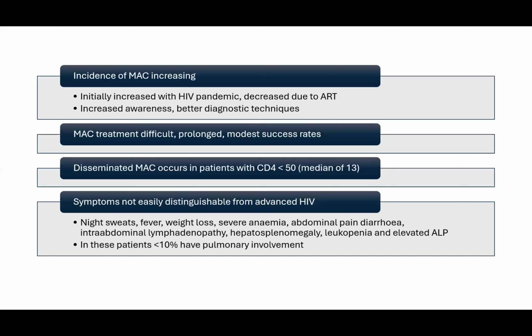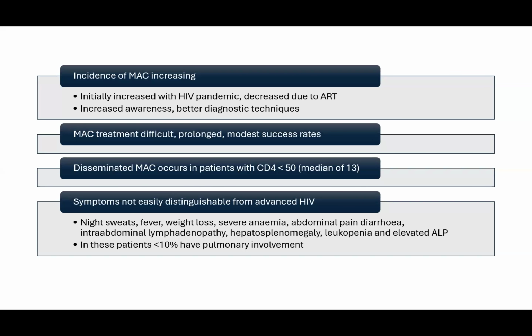And disseminated MAC usually occurs in patients with CD4 less than 50. In one study, they talked about a median CD4 count of 13, so really low CD4 counts. And the symptoms, unfortunately, aren't easily distinguishable from advanced HIV. So again, could be night sweats, fever, weight loss. Sometimes there's marrow involvement, so they can have anemia with leukopenia.